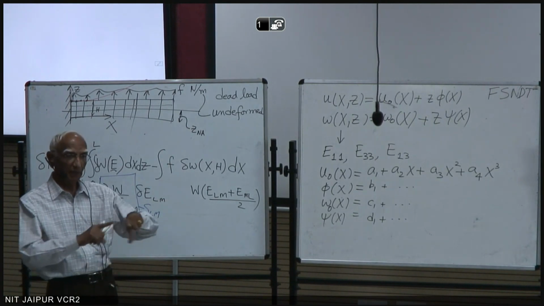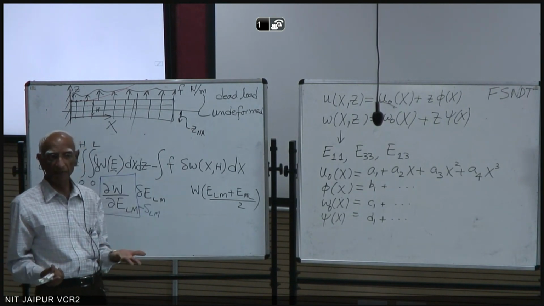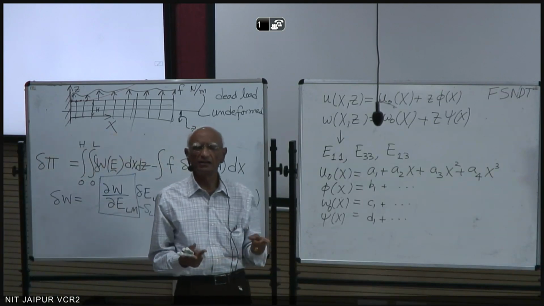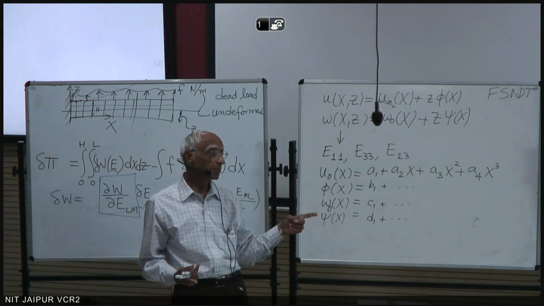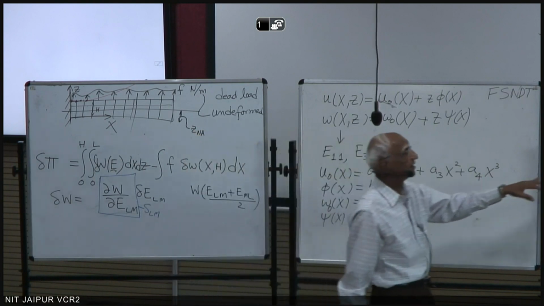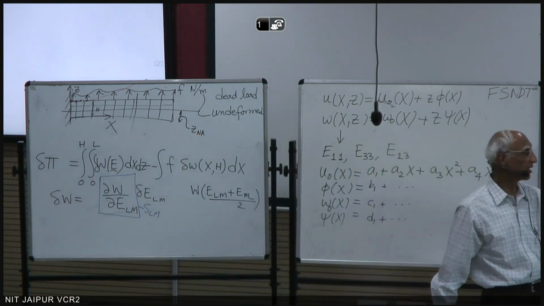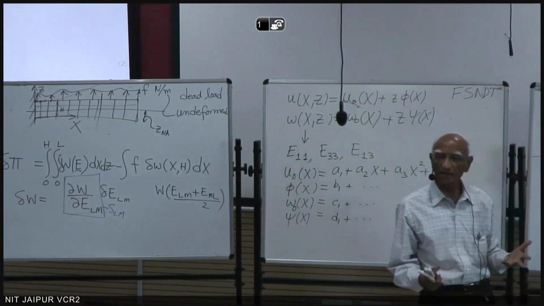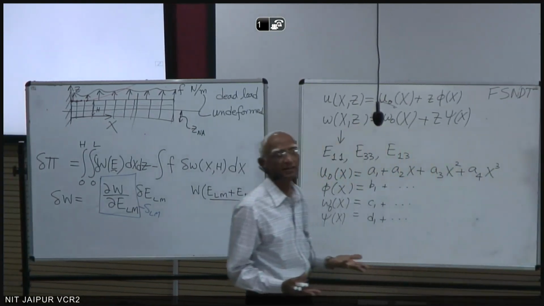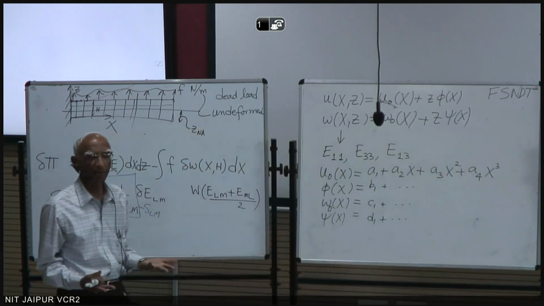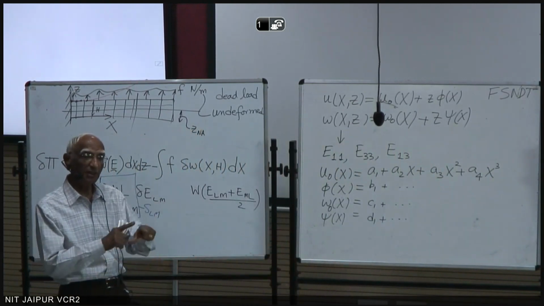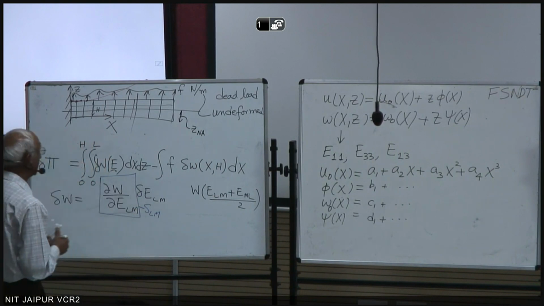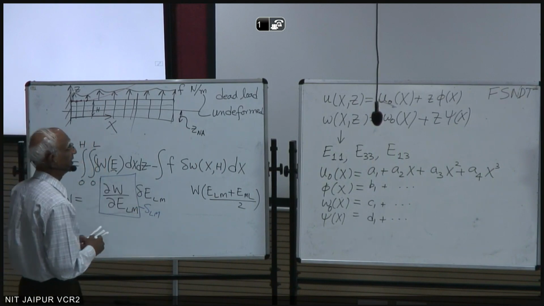So you have the deformed shape for the linear elastic problem, which means you are not using Euler beam theory, and the potential energy is not this one, but it's quadratic in small strains, not large strains.